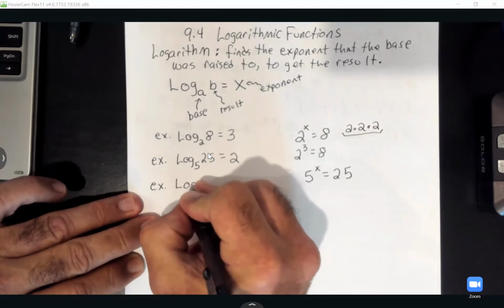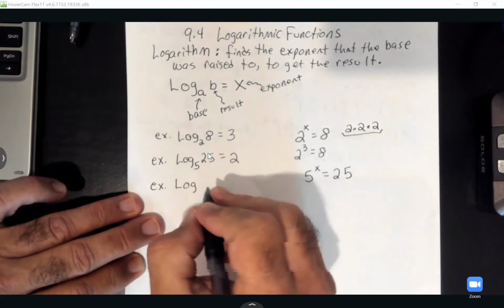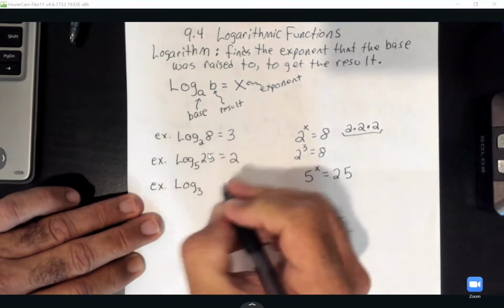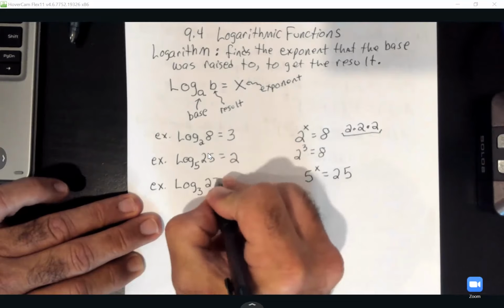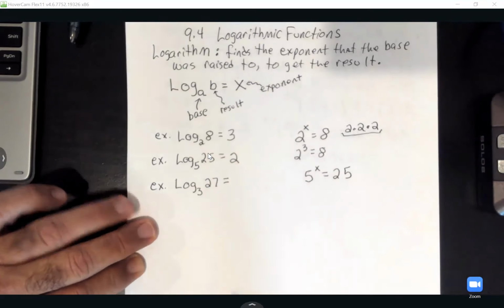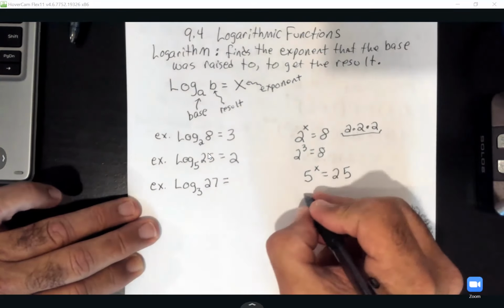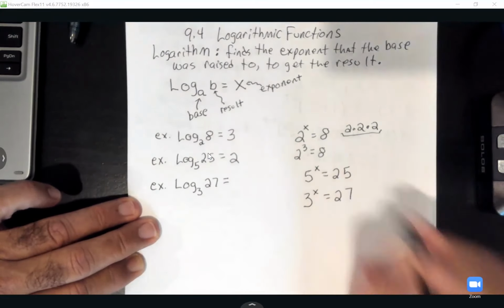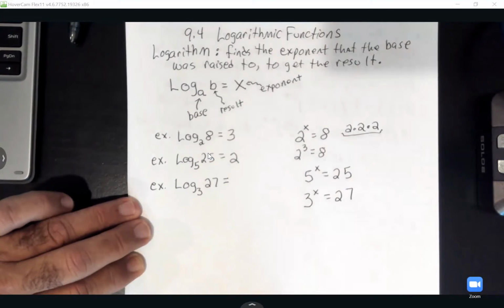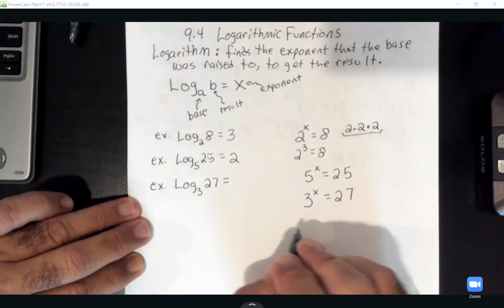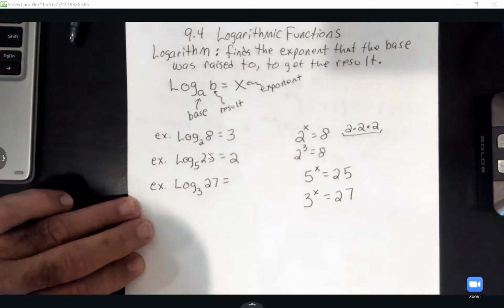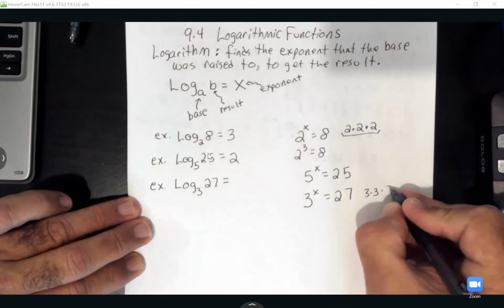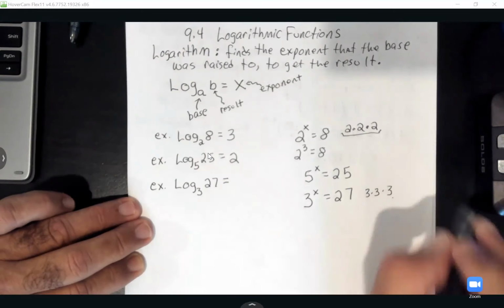So one more and then we'll play with stuff. What if I had a logarithm base 3 of 27? So that'd be 3, the some exponent equals 27. 9? 3? Okay, I'm going to go with the 3 because remember, 3 times 3 is 9 times 3 is 27.